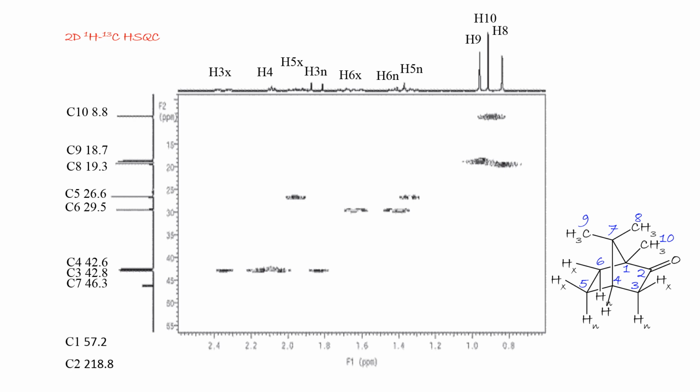We know the position of the proton signals, and we would like to assign the carbon 13. For that, we used the 1H carbon 13 HSQC experiment, which correlates proton to carbon.